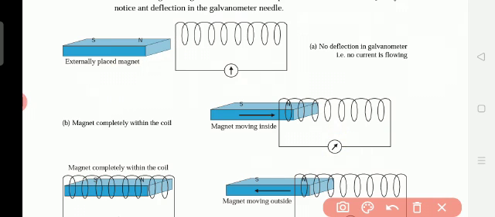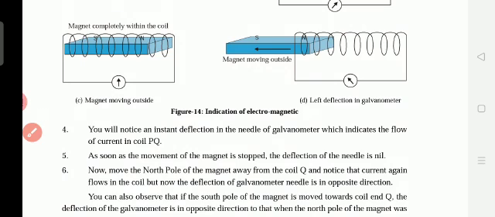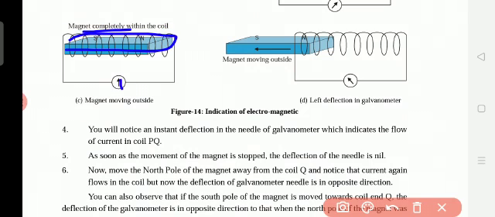Now the bar magnet starts to move inside the coil, and the galvanometer starts to deflect. That means current has started to flow. When the magnet is completely within the coil, the galvanometer stays as it is. No deflection is shown, so current is not flowing.